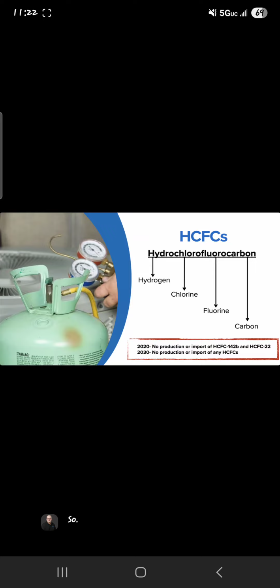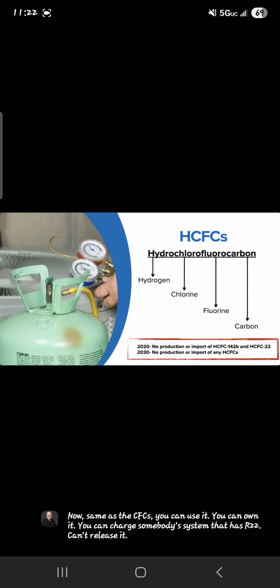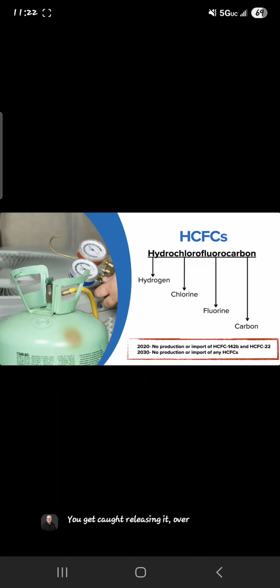So as of 2020, this phase out started. They limited production of it, and as of 2030, you're not going to be able to purchase it anymore. Now, same as the CFCs, you can use it, you can own it, you can charge somebody's system that has R22, but you can't release it. You get caught releasing it, over $44,000 fine.